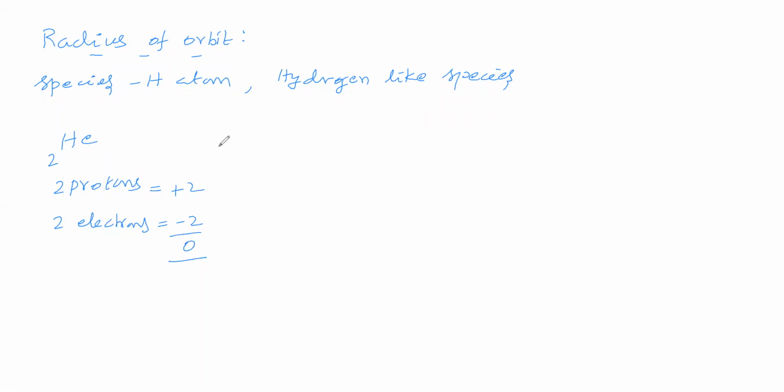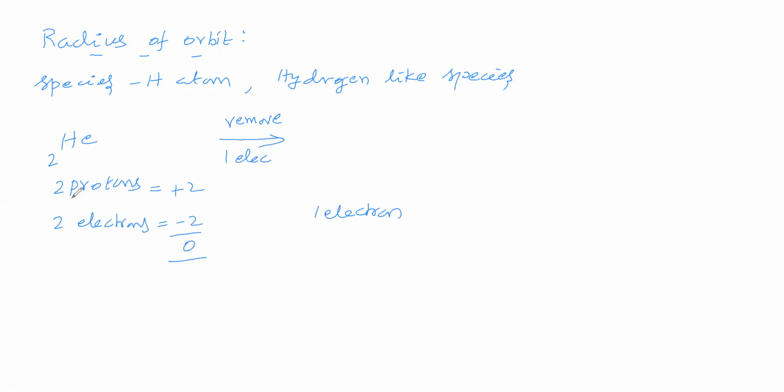Now we want to convert this into a hydrogen-like species, so we have to make the number of electrons 1. What shall we do with the remaining electrons? Remove them.